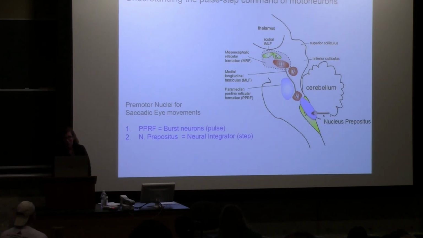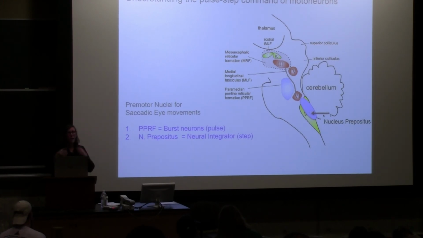Okay, and then what was discovered was behind the abducens. Remember, that's one of the horizontal motor neuron pools, those are the neurons that project to the lateral rectus, is a structure called the nucleus prepositus. And if you actually put an electrode into those neurons, you find neurons that have a bit of a burst, but they also encode eye position during fixation.